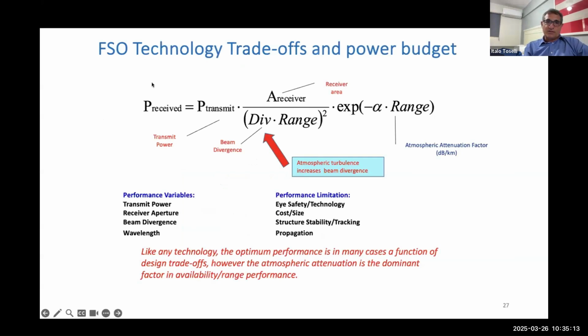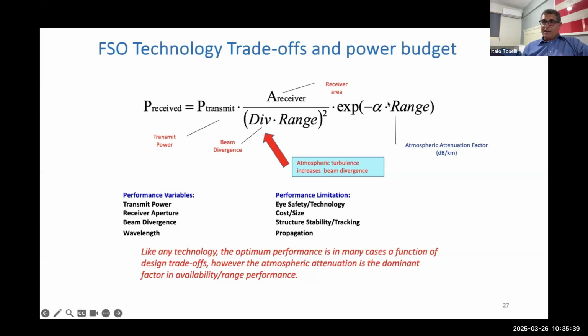So you transmit a certain amount of power, and you have to establish your trade-off of variables here. But what is important here is where atmospheric turbulence enters this equation. It enters here, in the divergence of your beam, because it's going to spread your beam more. It's not going to enter here, where alpha is the typical atmospheric attenuation. So you see there are two independent terms.